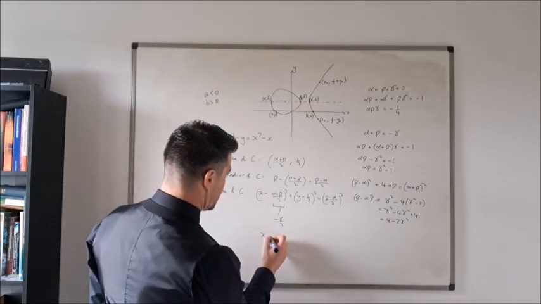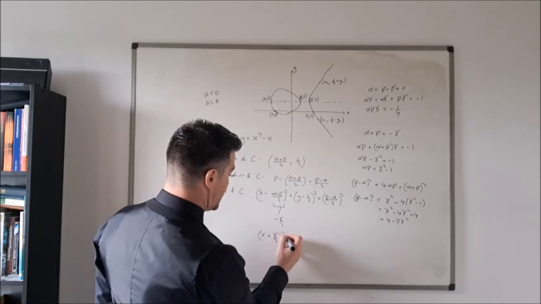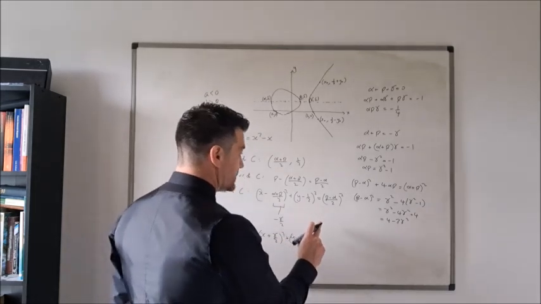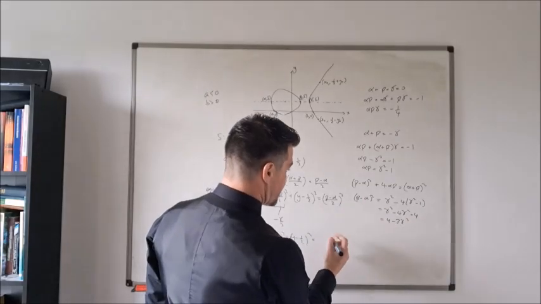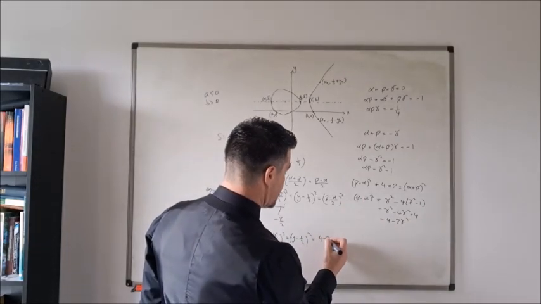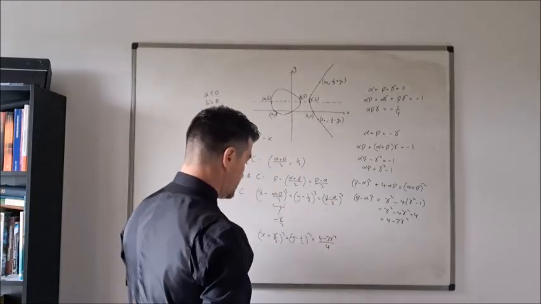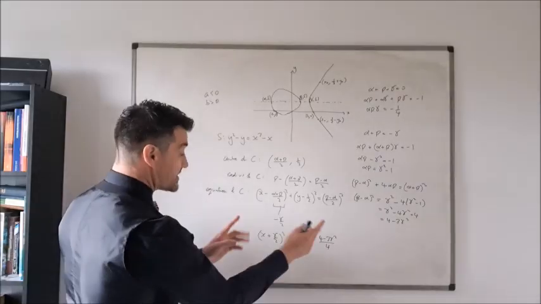So I get x plus gamma over 2 squared plus y minus a half squared equals beta minus alpha squared over 4, which is 4 minus 3 gamma squared over 4. Okay? So that's the equation of C in terms of gamma.